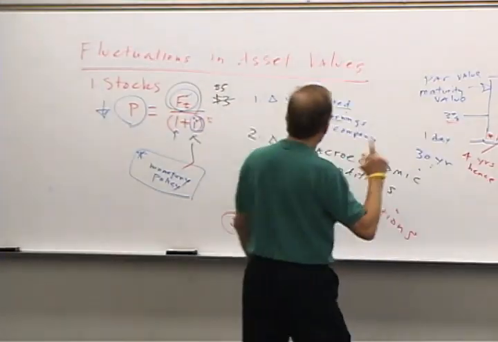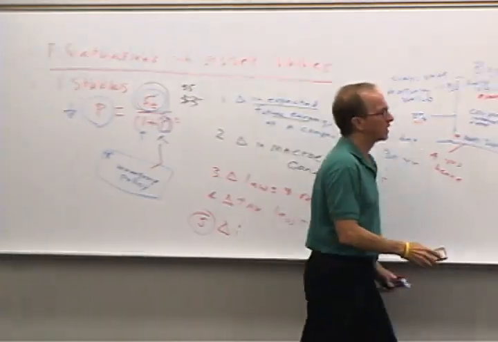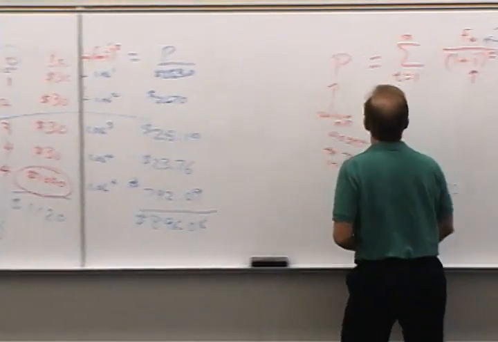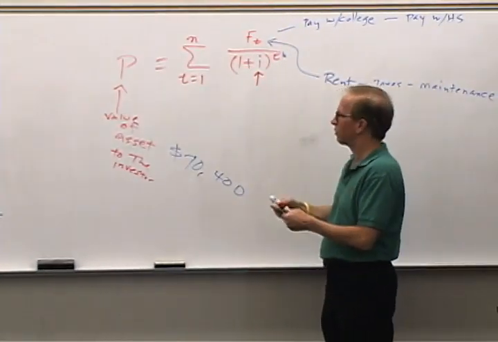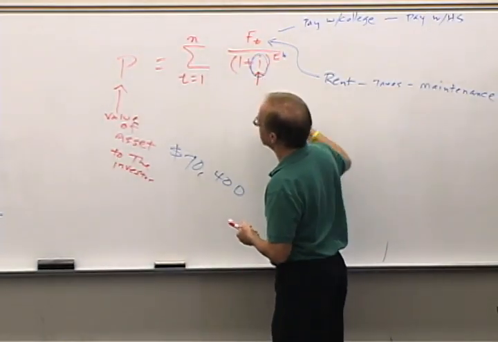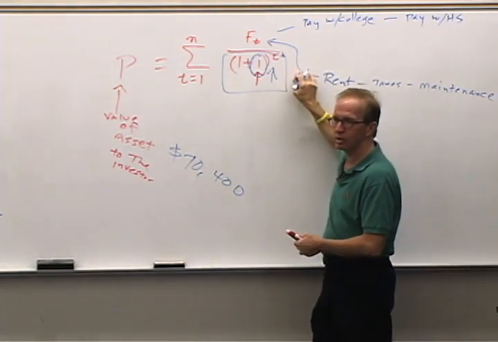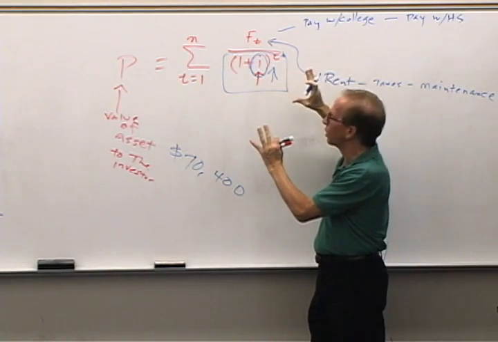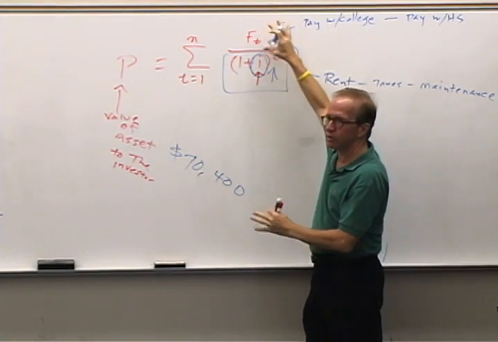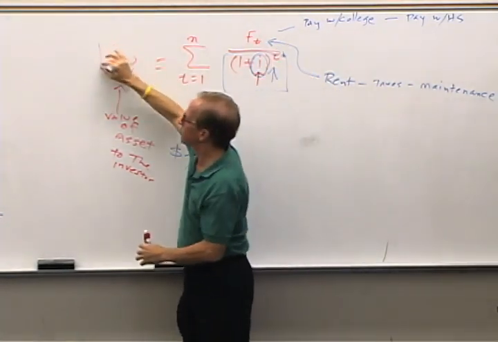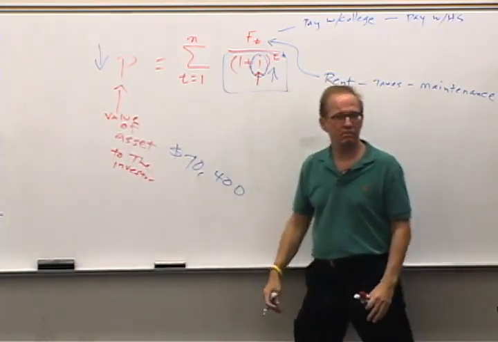Okay. Last point, and we'll close for the day. I'll show you in this formula, then I'll write a term down. If that discount rate goes up, then the value of this denominator is larger. We're discounting those future dollars more, and so the present value of assets goes down, right?